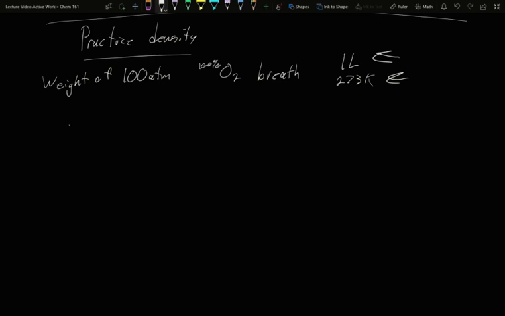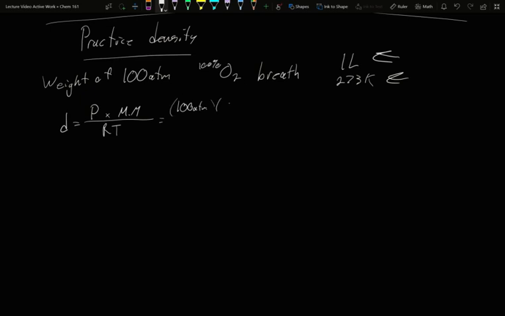All right, if you're back, remember that our density was equal to the pressure times the molecular mass divided by R divided by T. We could reorganize the ideal gas law to create a calculation for density. I know my pressure, it's 100 atmospheres.